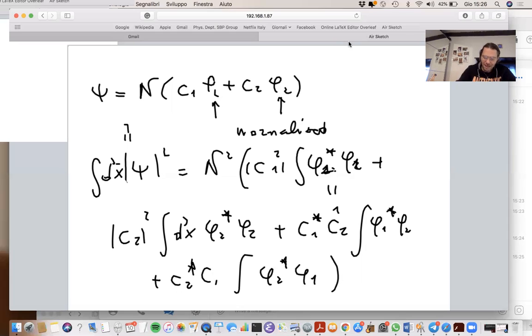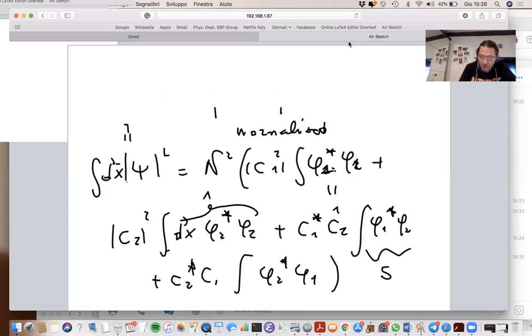Okay, that's what this is all about, and this is 1. This is also 1. I already wrote that there. So really, the only term that I'm missing is this overlap S12, or let me call it S. I have to work out some space for it.